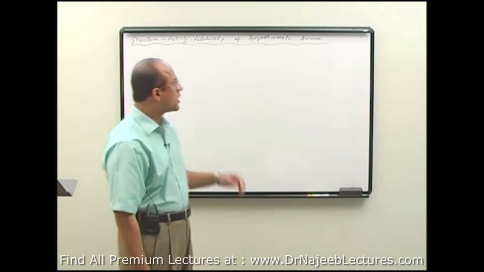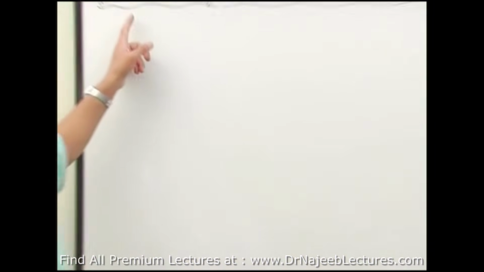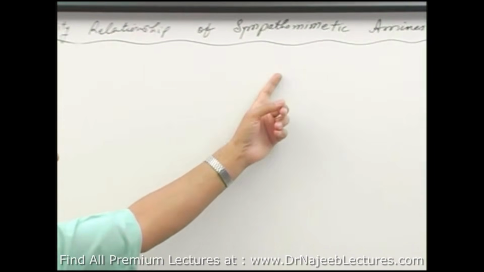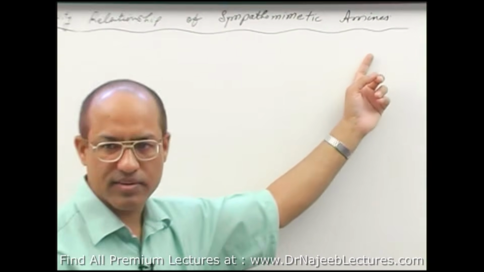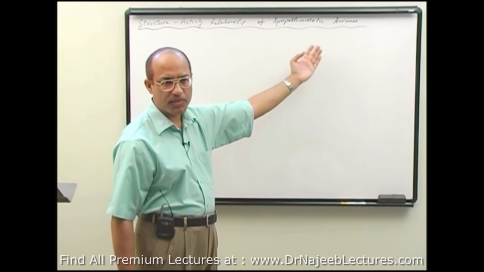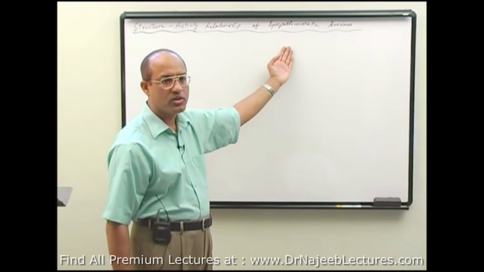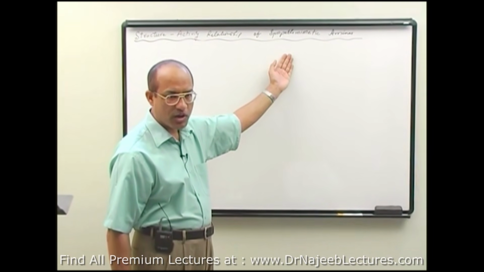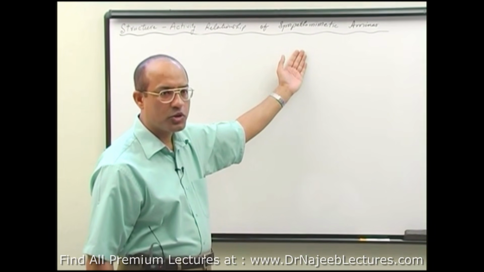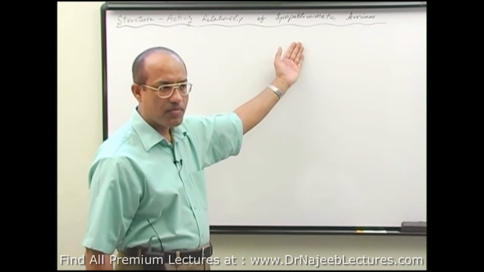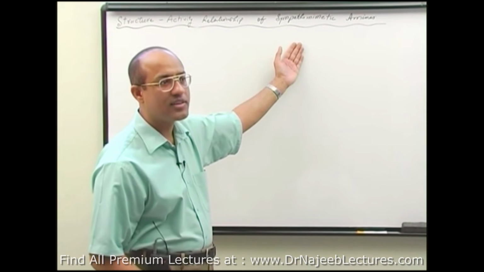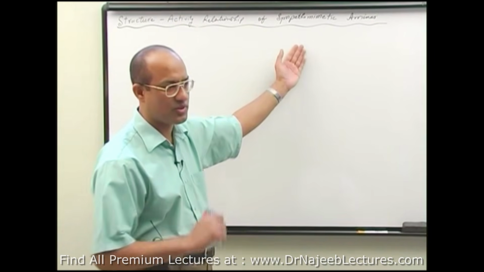Today, we are going to discuss the structure activity relationship of sympathomimetic amines. You already know what sympathomimetic amines are. Sympathomimetic amines are those endogenous compounds or drugs which produce activities in the body which mimic the stimulation of the sympathetic nervous system.